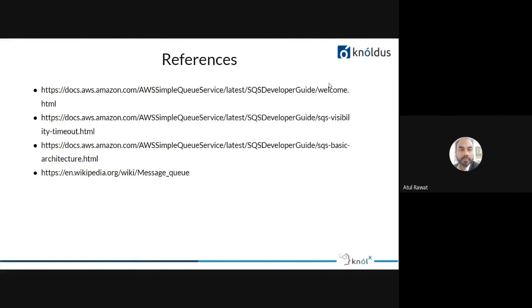I have one more question. I think there are other messaging services in Amazon as well, like SNS. How is SQS different from those kinds of services? Amazon SNS, I think, works on topic subscription.